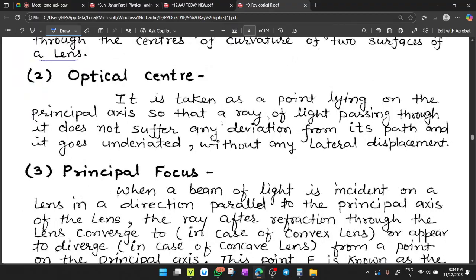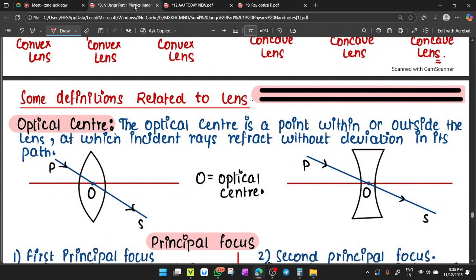Optical center is taken as the point lying on the principal axis such that a ray of light passing through it does not suffer any deviation from its path and goes undeviated without any lateral displacement. The optical center is the point within or outside the lens at which incident rays refract without deviation.